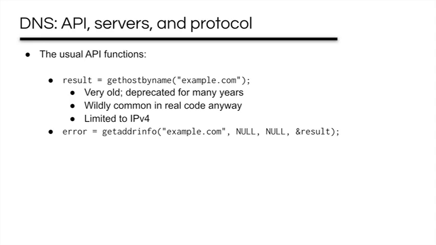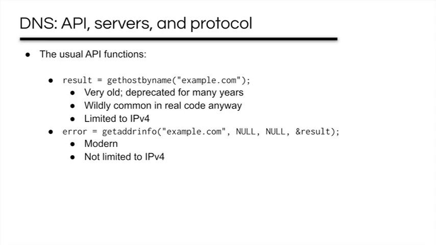So its replacement, more or less, is the function getaddrinfo. You can pass it the name, and then it has a couple other parameters which you don't necessarily need to pass in, and then you pass in a pointer to a value that gets the result. So this is modern.